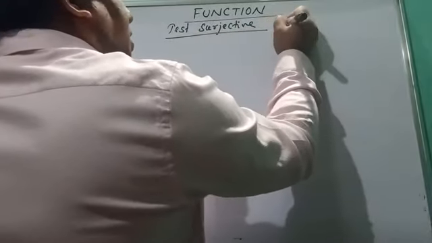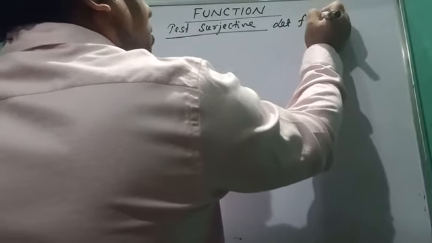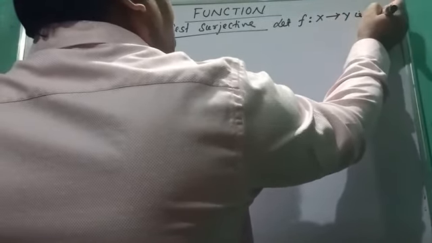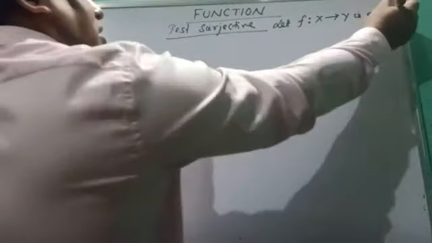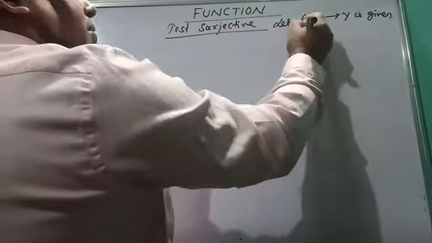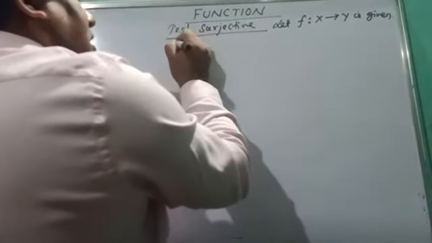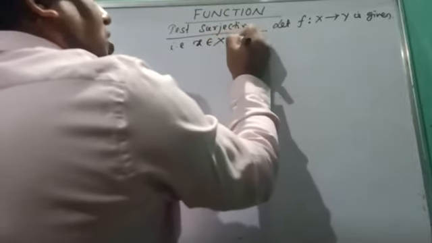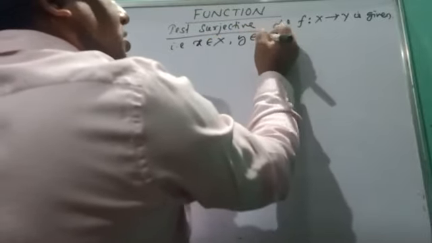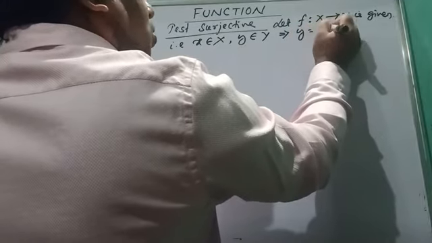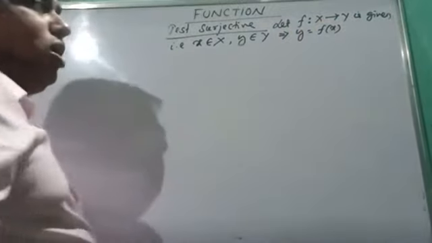Let f be a function from X to Y. Now we have to test whether it is a surjective function. If x belongs to the set X and y belongs to the set Y, then y is equal to f(x). Already in the definition, you know it.